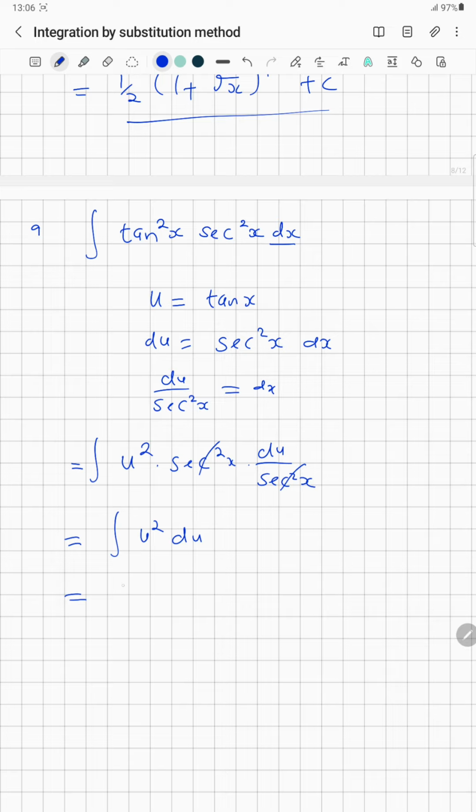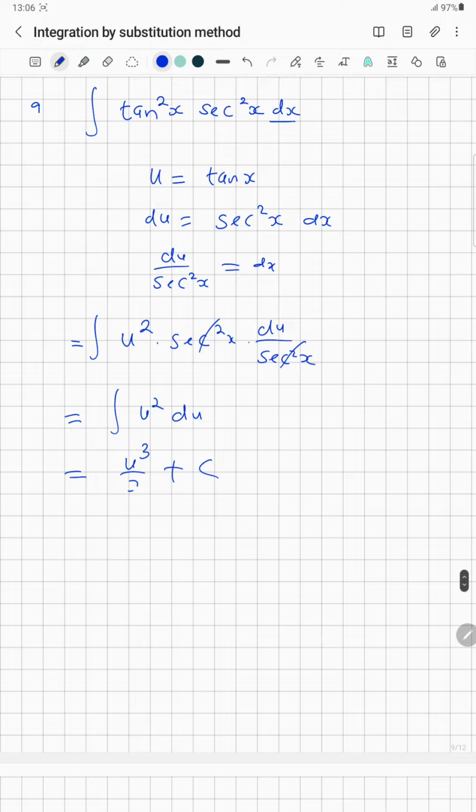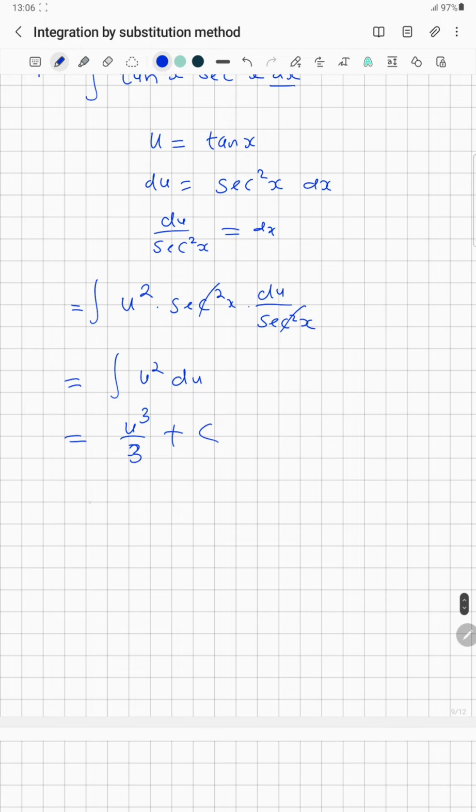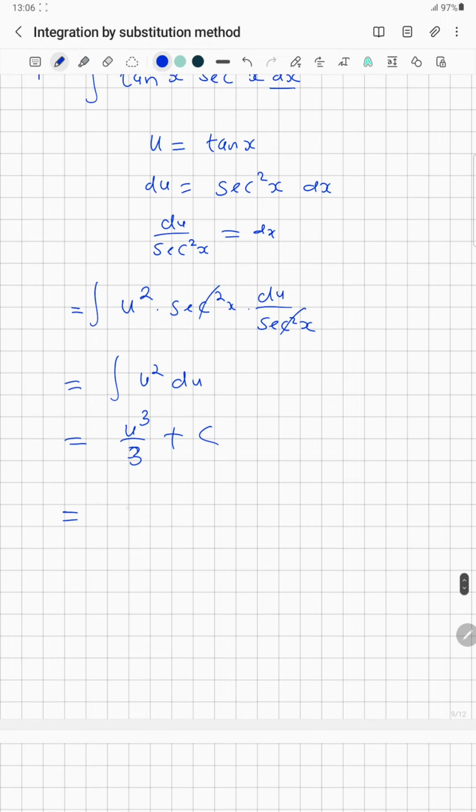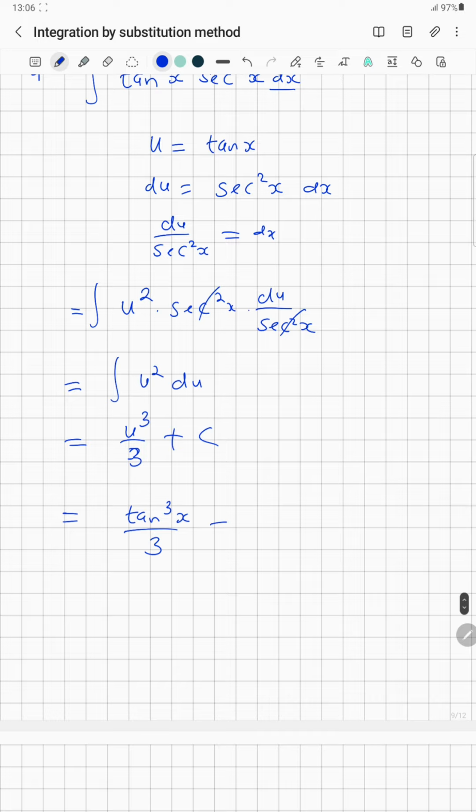This is the same as u cubed over 3 plus c, and this is very simple. Now we replace back u, we know it's tan x, so we are going to have tan x cubed over 3 plus c. Very simple, very simple.